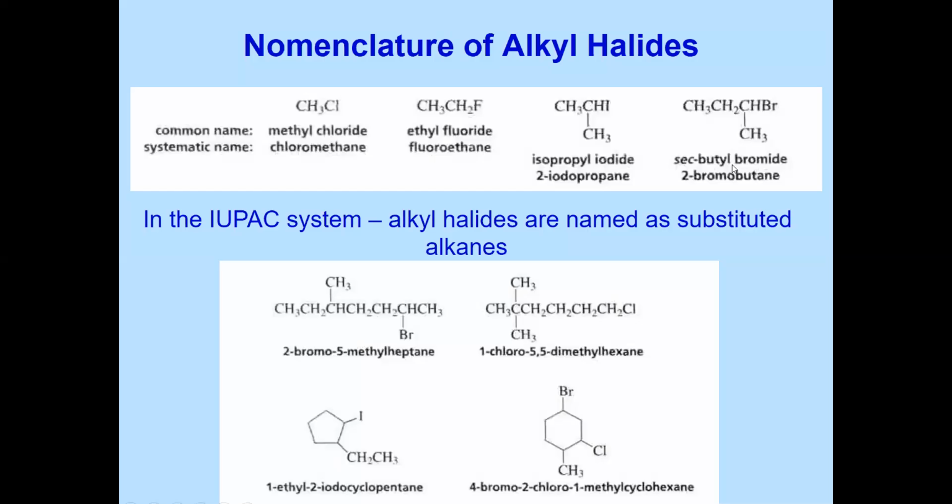You can see common names and systematic names for some alkyl halides. For example, common name methyl chloride, systematic name chloromethane. In the IUPAC system, alkyl halides are named as substituted alkanes.